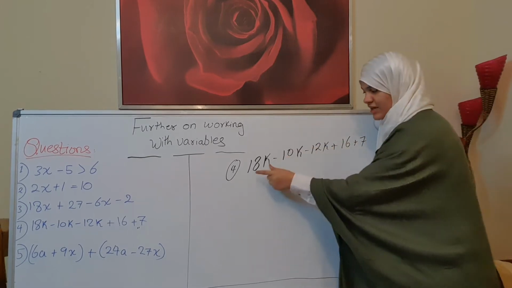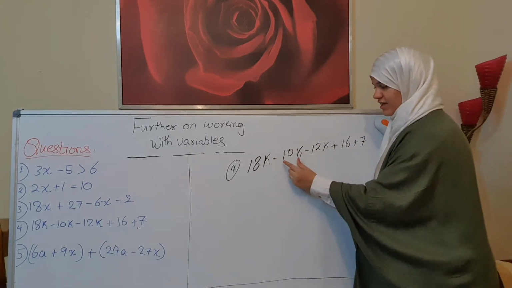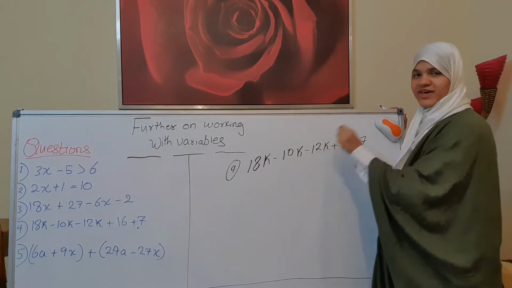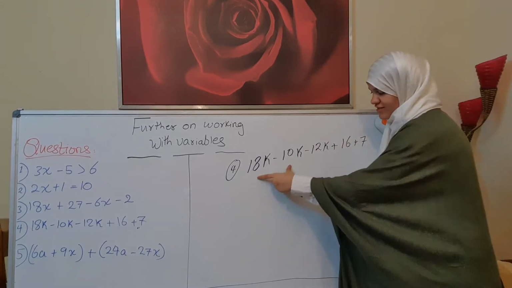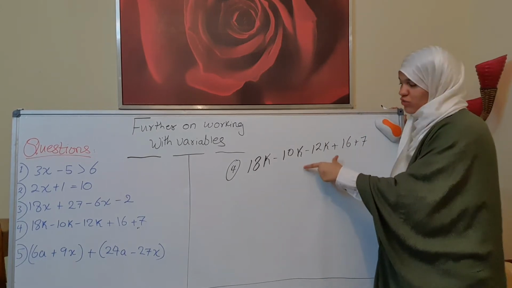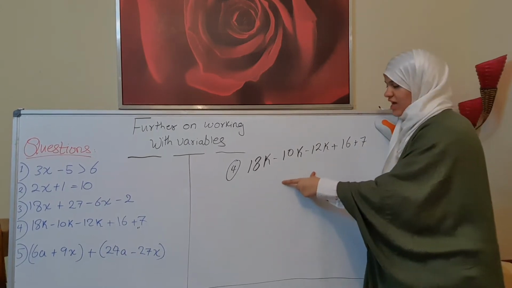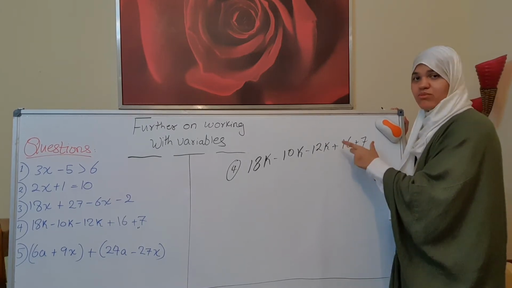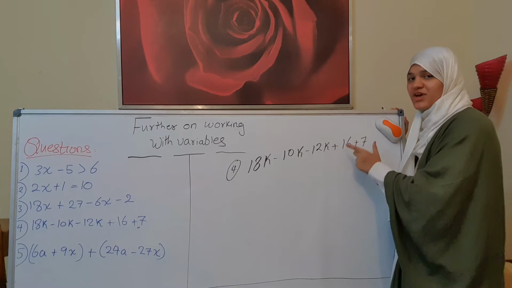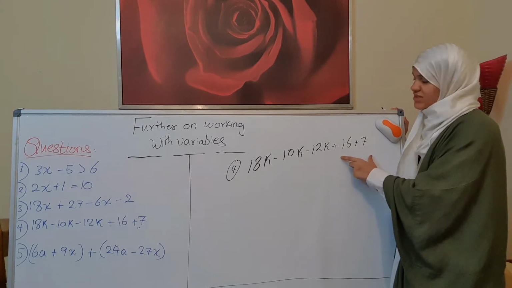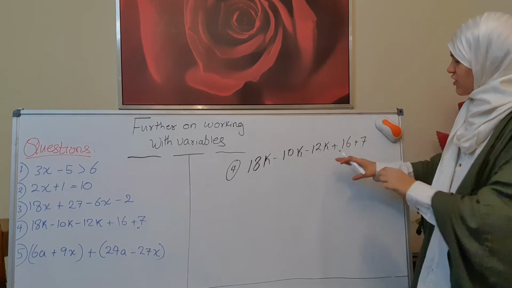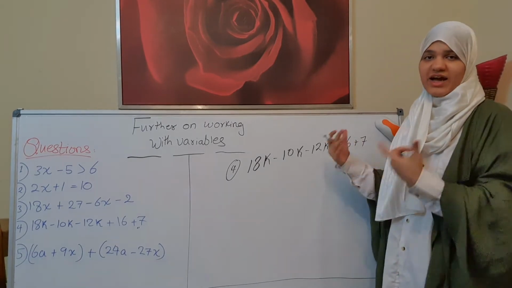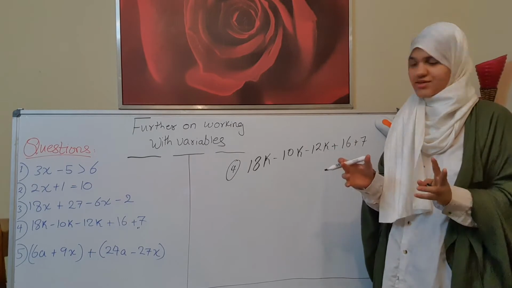First of all, 18k, 10k, 12k. All three of them have the same variable, which is k. And here what we have is 16 and 7. Both of them are like terms because they are numbers without variables. Now, it's already arranged. So what's left is to subtract and add the like terms together.